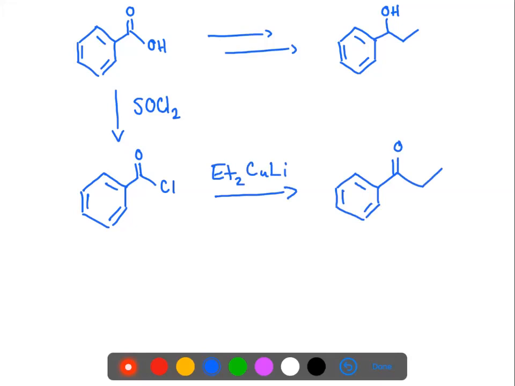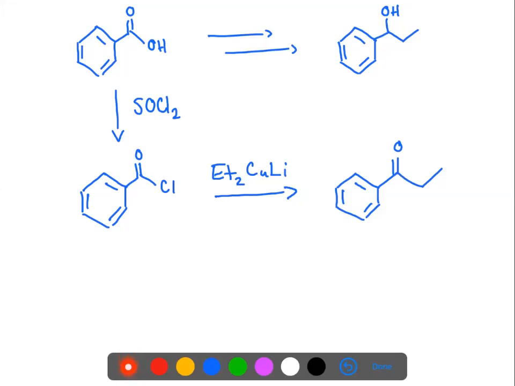So not only have we formed our ketone, but more importantly, we have increased the amount of carbon in our side chain, in our substituent off the benzene ring. And so now we have an identical number of carbons in our intermediate product as we do in the target compound, our final alcohol.